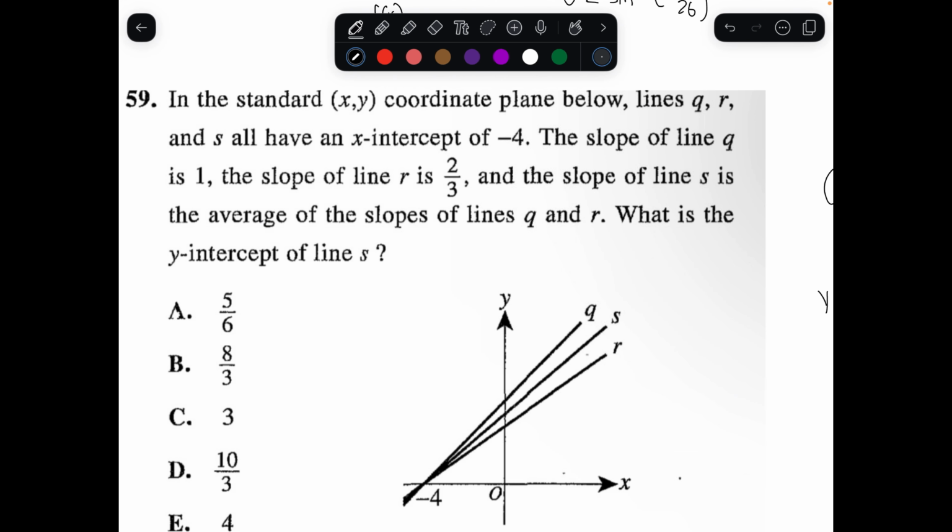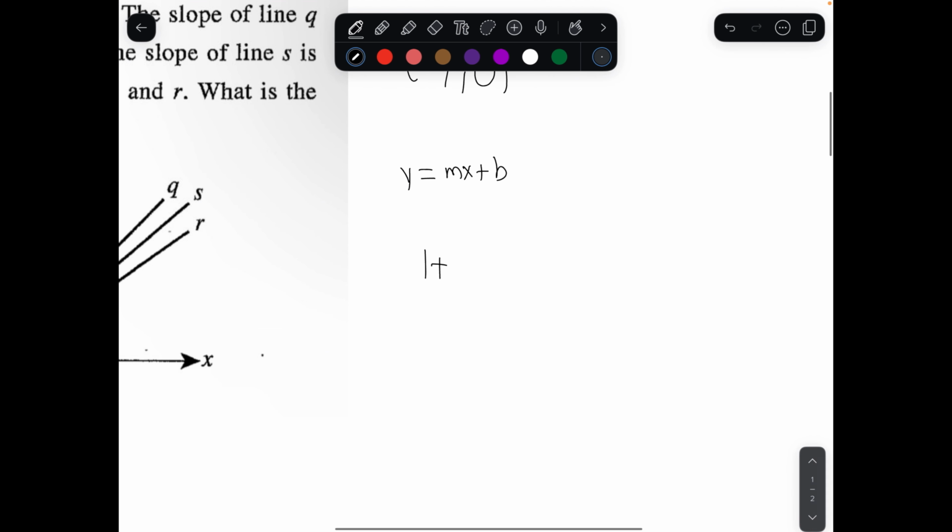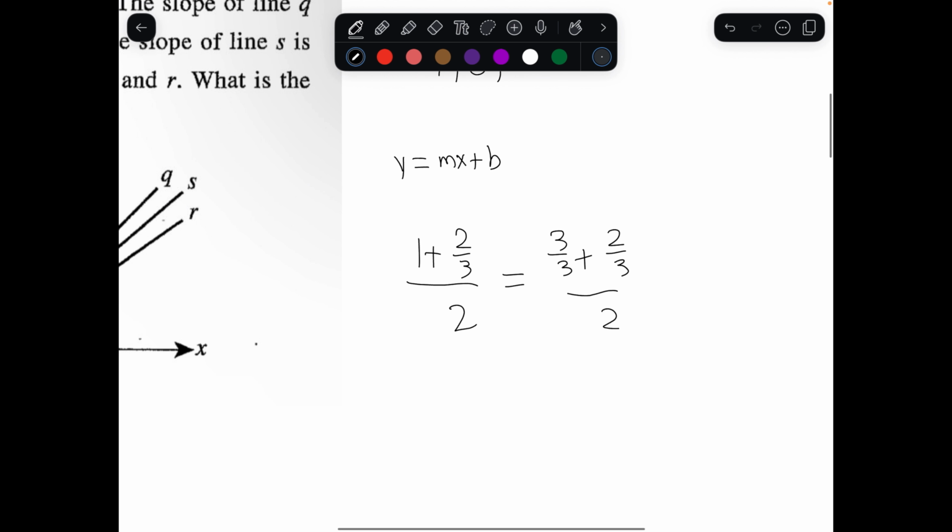To find the slope of line S, you're going to add up the slope of line Q and the slope of line R, and divide that by 2 to find the average, which is the slope of line S. So 1 plus 2/3 over 2. Remember, the numerator can be rewritten as 3/3 plus 2/3 over 2.